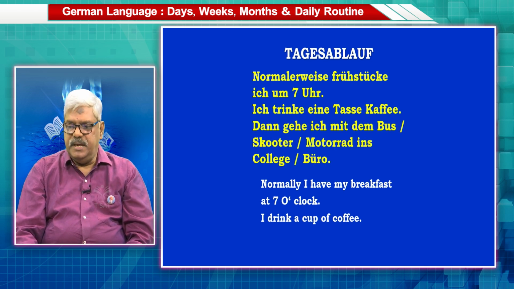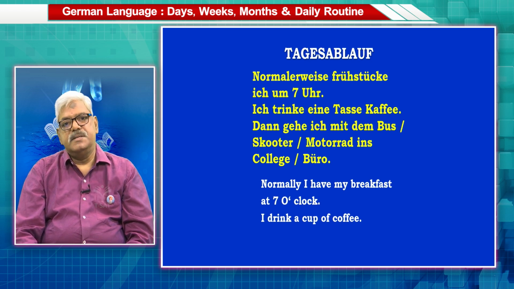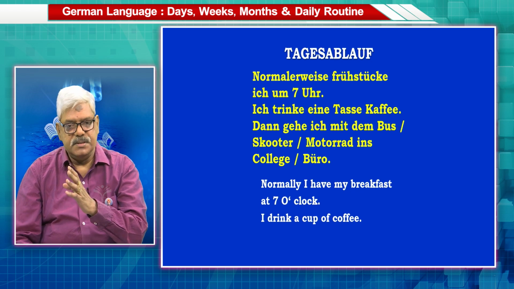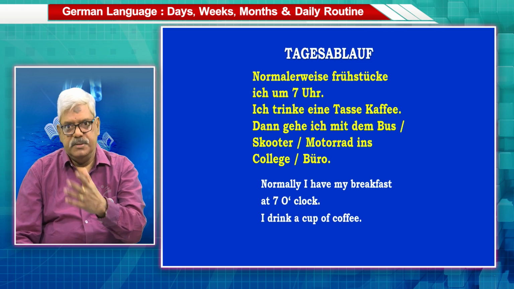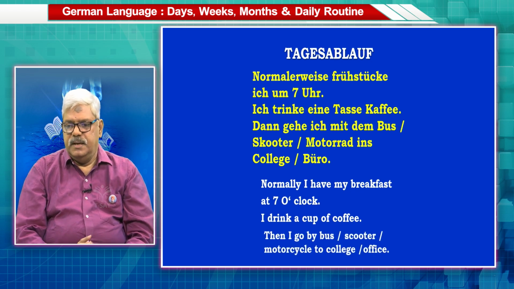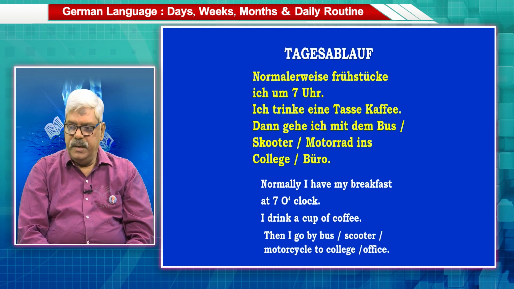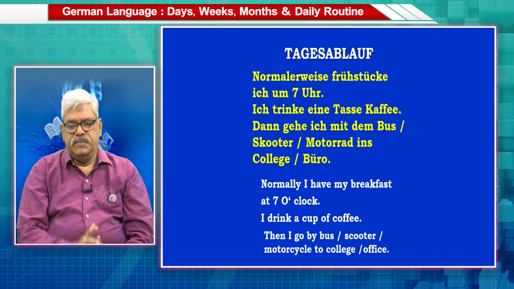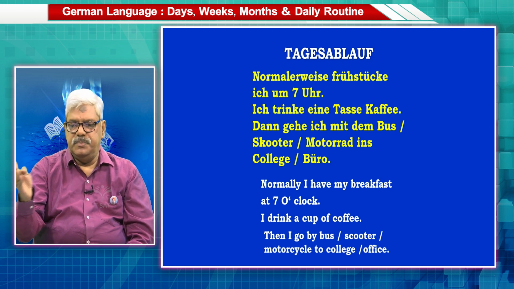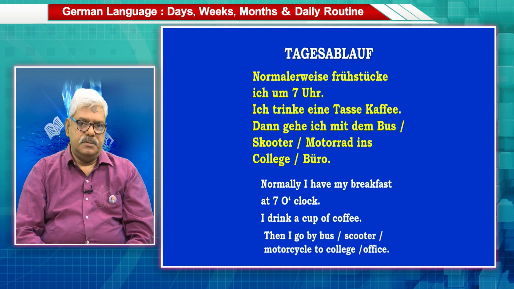Dann gehe ich mit dem Bus or mit dem Scooter or mit dem Motorrad ins College or ins Büro. So, this is actually made up of some options. Then I go by bus, scooter, motorcycle to my college, to my office. Individually I can say, dann gehe ich mit dem Bus ins College.